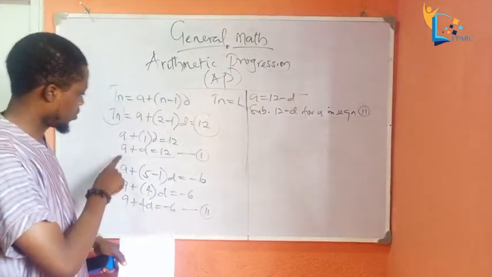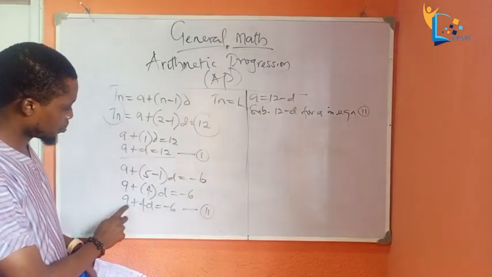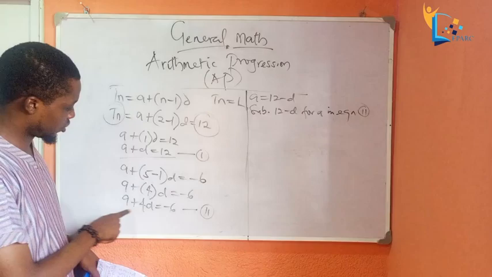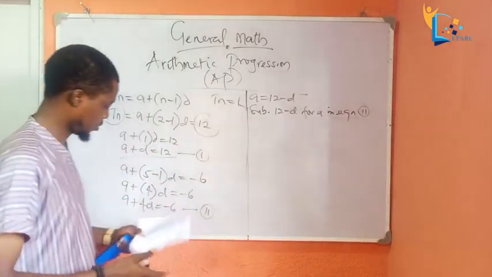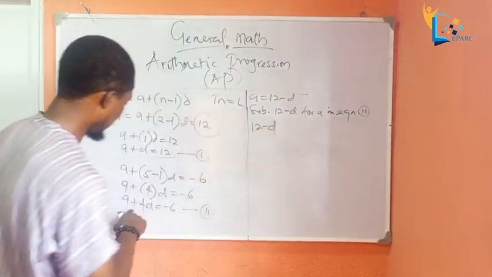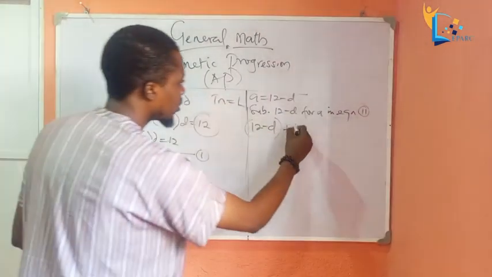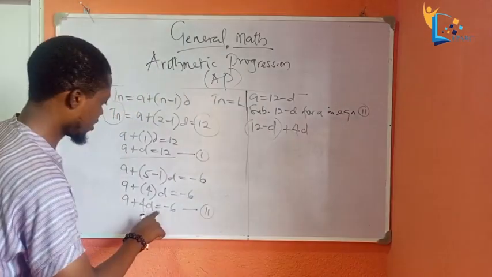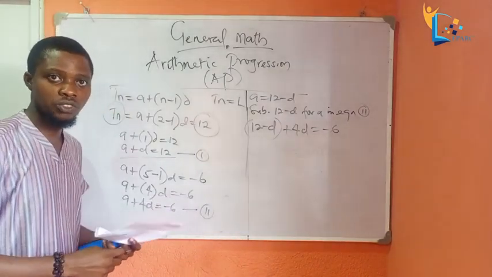Are we together? Anywhere you see A in equation 2, put this. So A here we have 12 minus D, plus 4D equal to minus 6. Are we following?